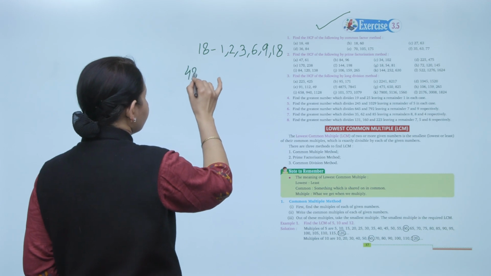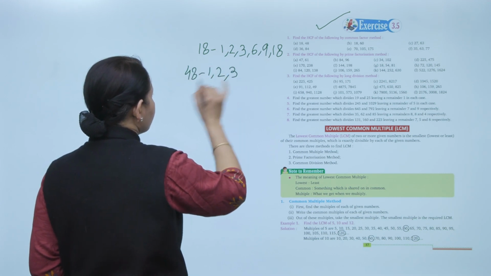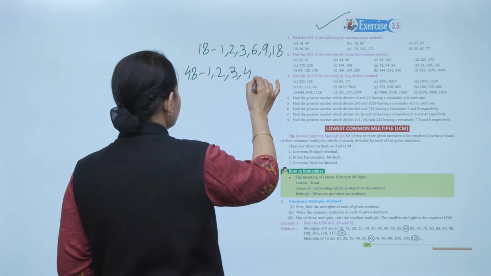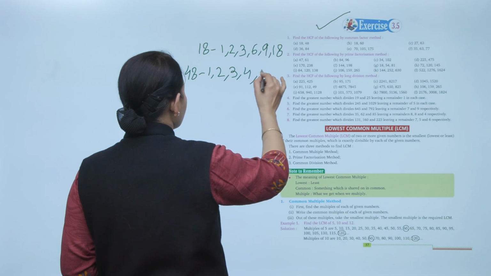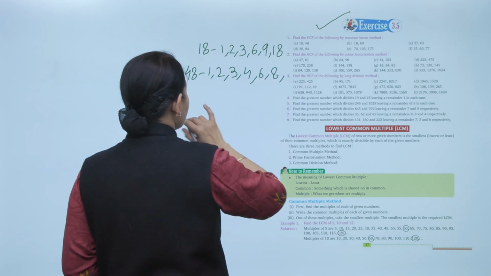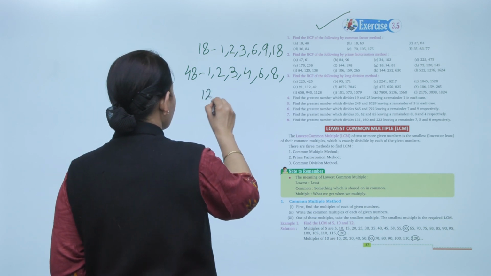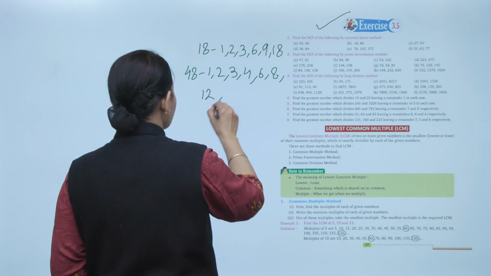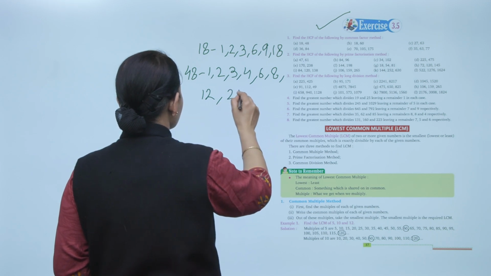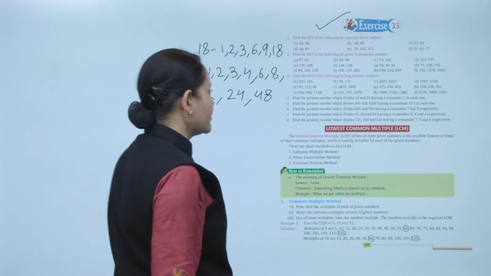Then the factors of 48. These are the factors of the given numbers.